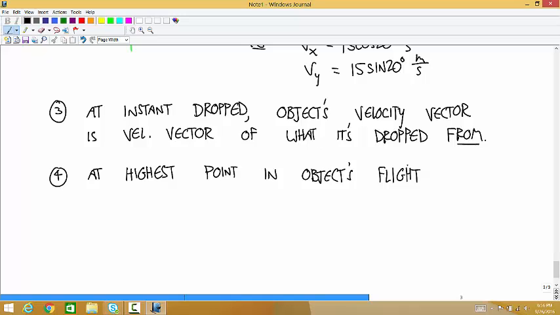So your first thought might be that the velocity vector is equal to 0 at the highest point. There's one that's almost right. But it's really the y component only of the velocity vector that is 0.